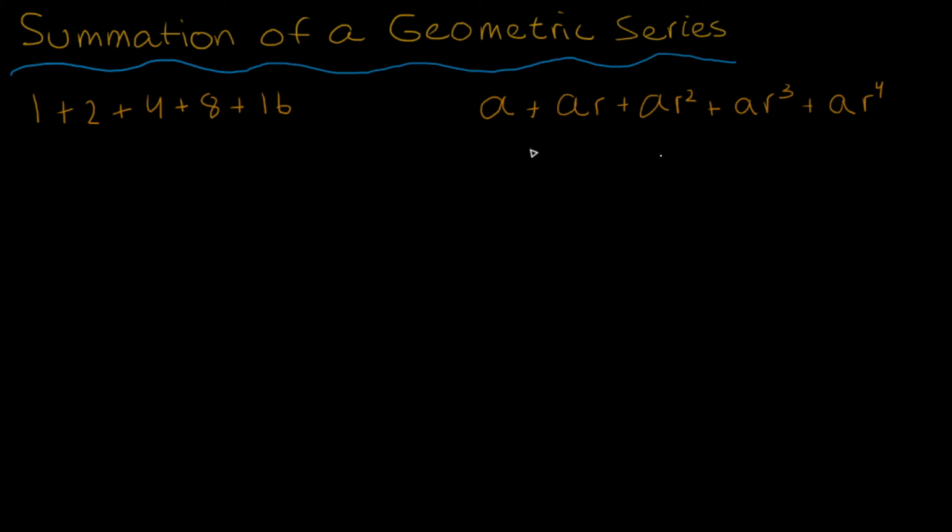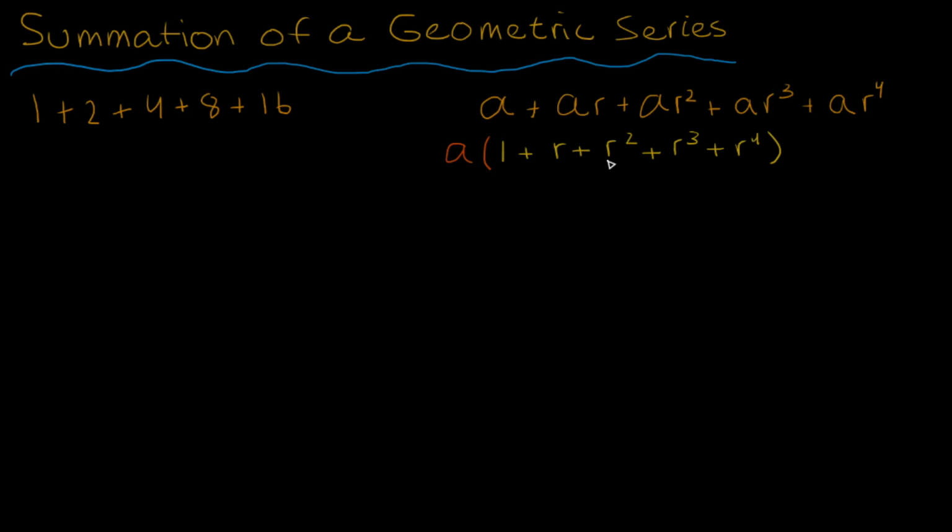So what can we do with this sequence? Since we have a as the first term, we can actually just factor out an a from all of these: a times r plus a times r squared plus a times r cubed. So we'll keep an a out here, and then we have 1 plus r plus r squared plus r cubed plus r to the 4th.